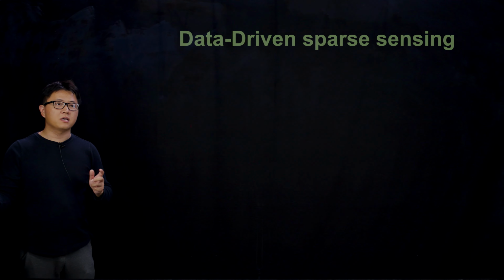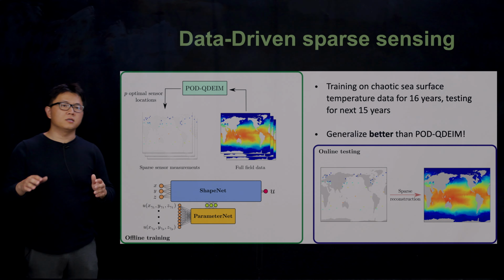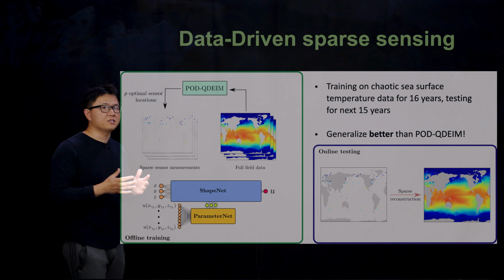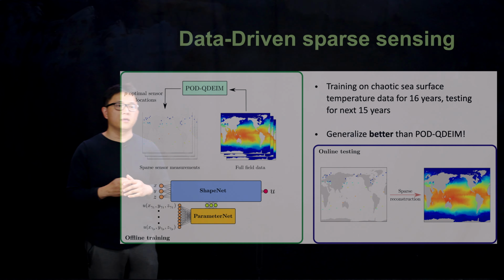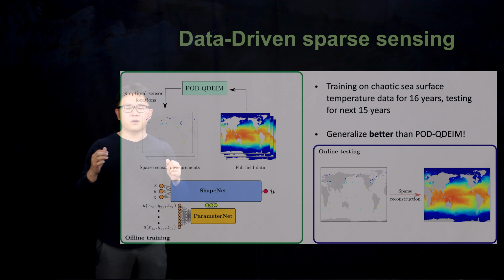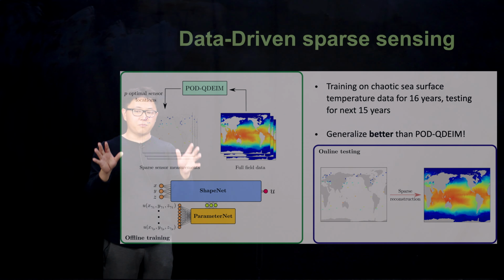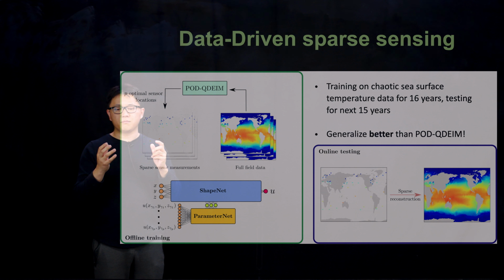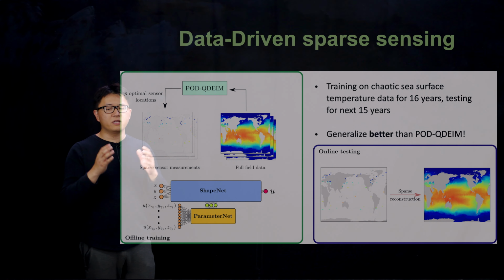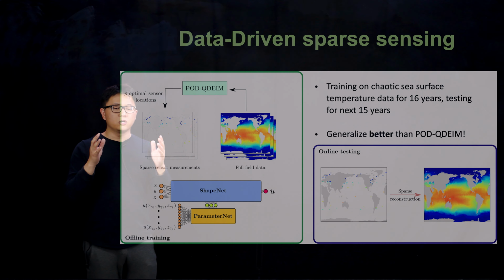So the final example I want to talk about is data-driven sparse sensing. So the traditional sparse sensing algorithm is called POD-QDEIM. So basically the idea is I'm going to give you the freedom to choose whatever sensor you want to put in a spatial-temporal field. And given those sensor measurements, I want you to tell me what exactly the spatial field should be.